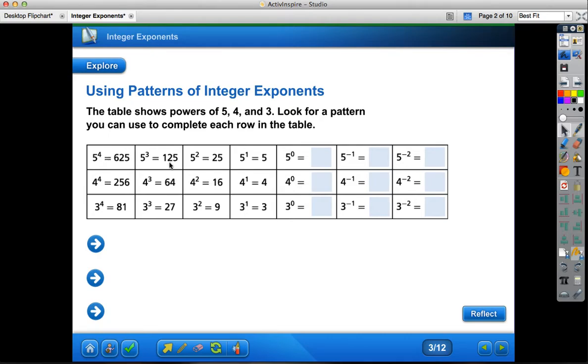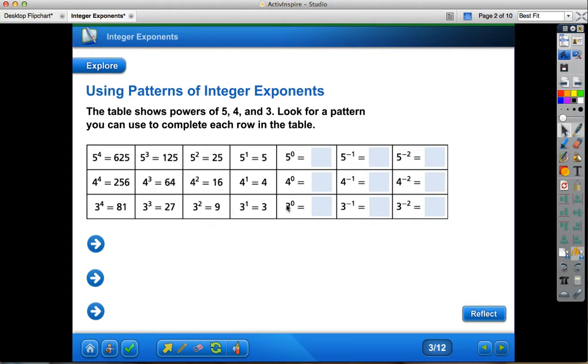If I divide 125 by 5, I get 25. 25 divided by 5 is 5. It works the same for down here. 256 divided by 4 is 64. 64 divided by 4 is 16. 16 divided by 4 is 4. This works for all exponents.